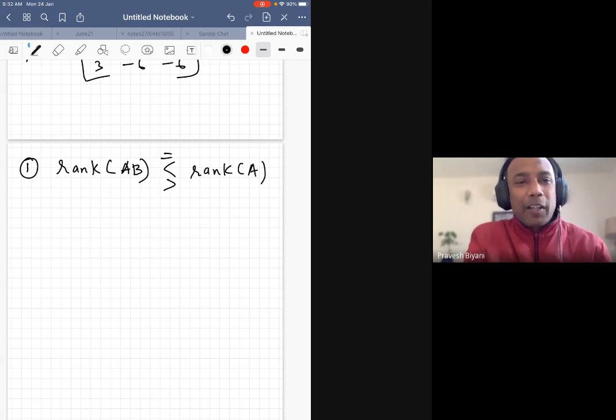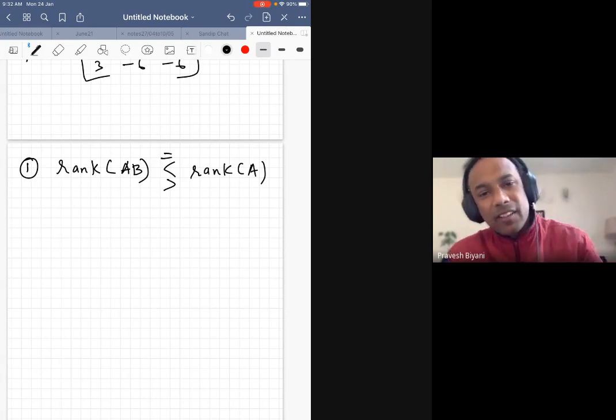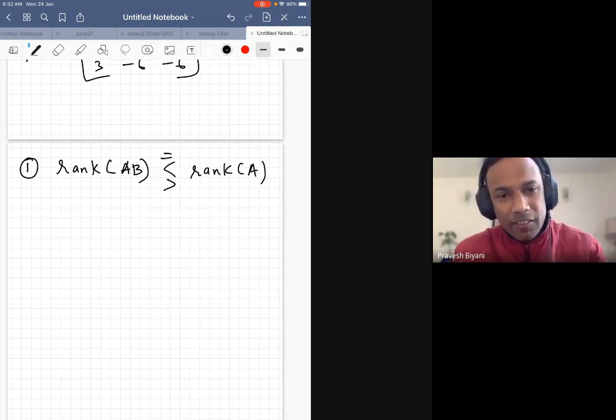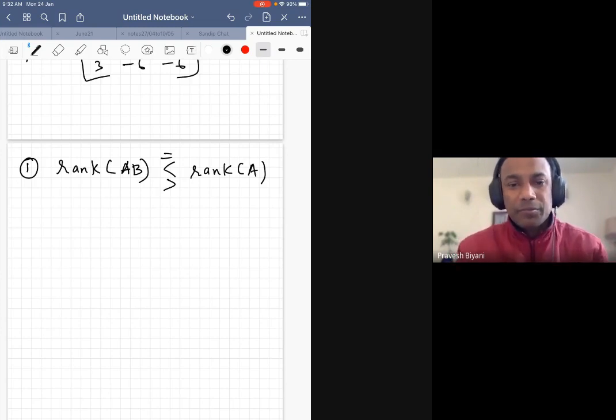If I have any two matrices A and B, what is the relation of the rank of AB with the rank of A? Think about it for a minute, and then we can talk again.